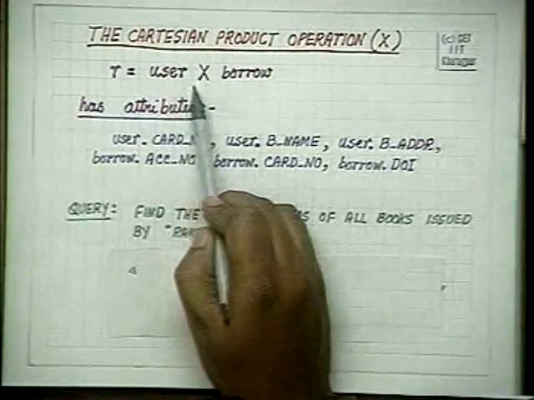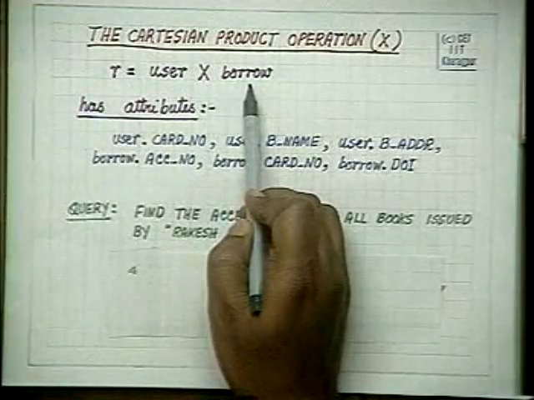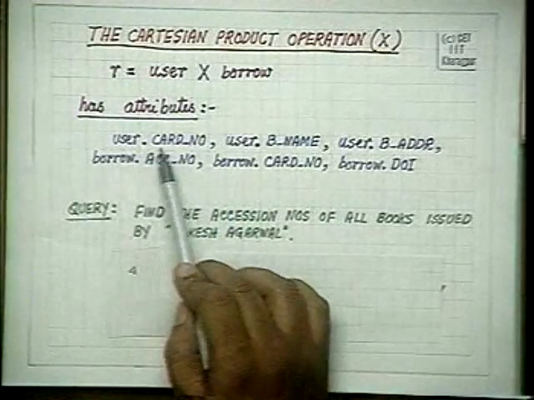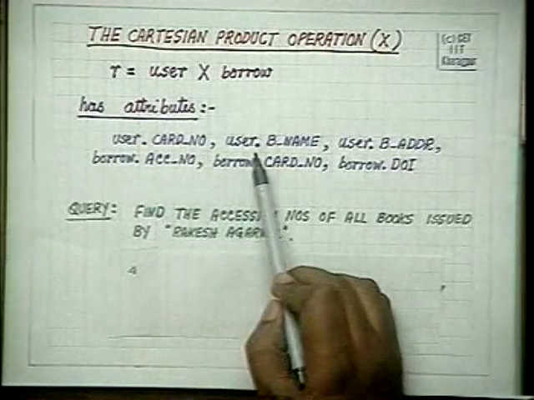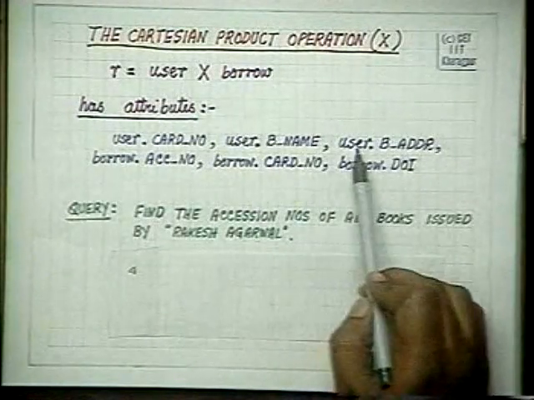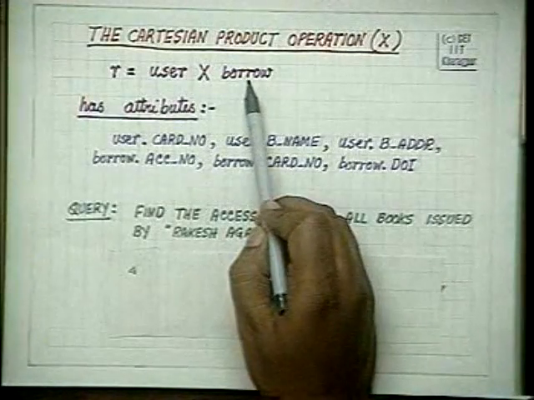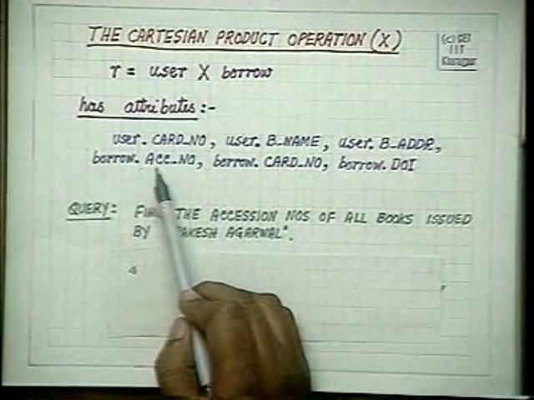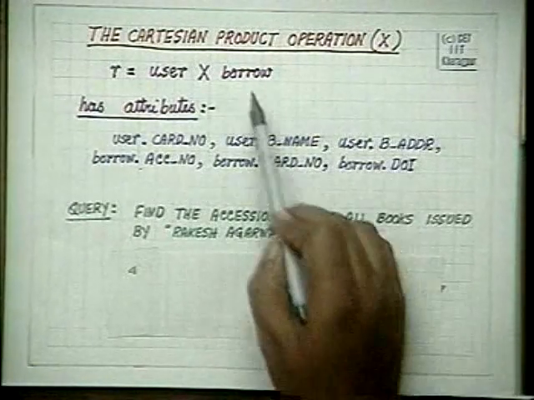So user cross borrow will have all the attributes of user, that is user.card number, user.borrower's name, user.borrower's address, and all the attributes of borrow, borrow.accession number, borrow.card number, and borrow.date of issue.